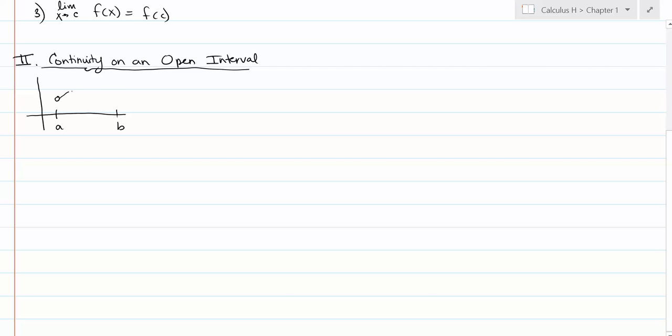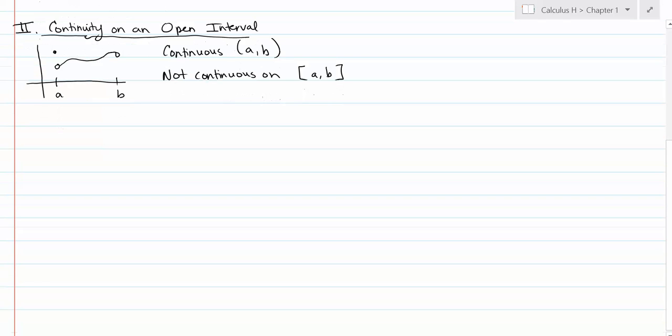We don't really care what happens at the endpoints, just in between. So here we would say that it's continuous on the interval a comma b, using parentheses. However, it is not continuous on the interval using brackets a comma b.